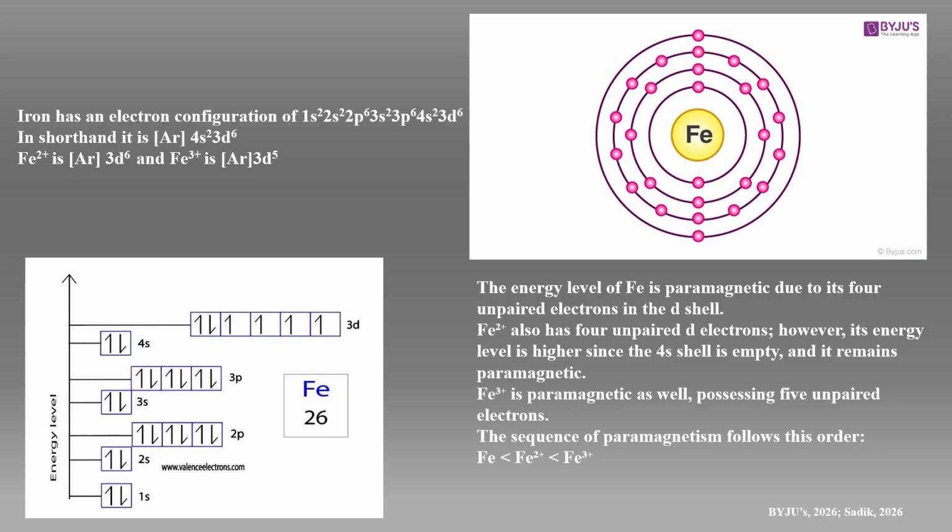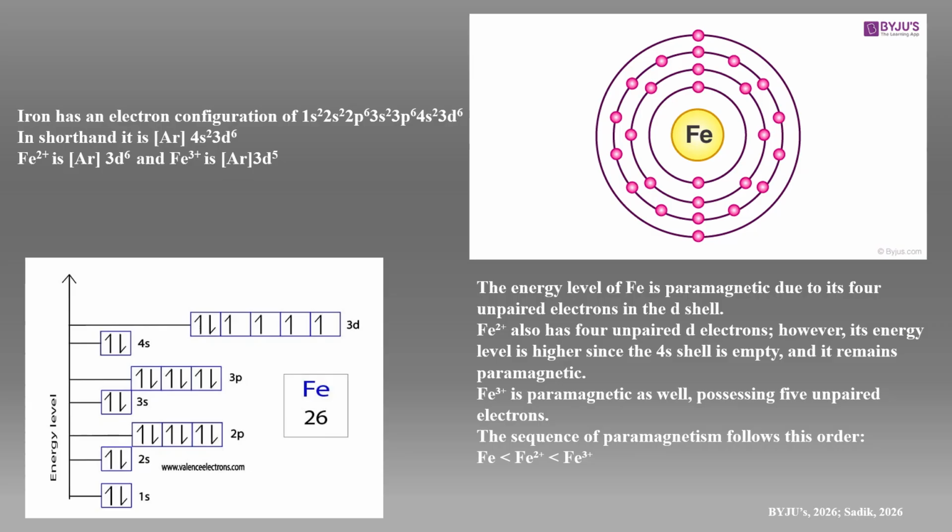Fe2+ also has 4 unpaired d electrons. However, its energy level is higher since the 4s shell is empty, and it remains paramagnetic. The reason the 4s shell is empty is because it lost its electrons, and it will fill up the 3d before it does the 4s.